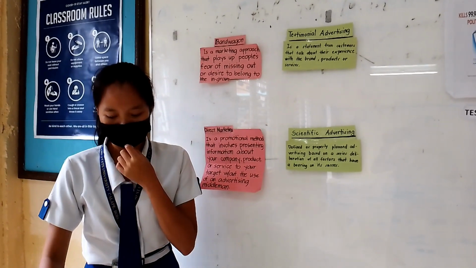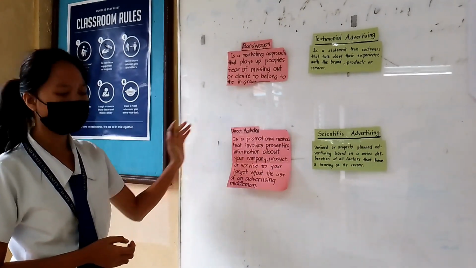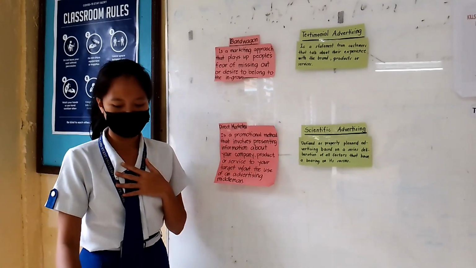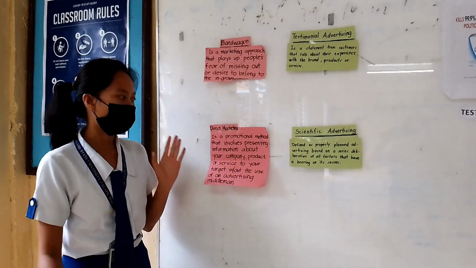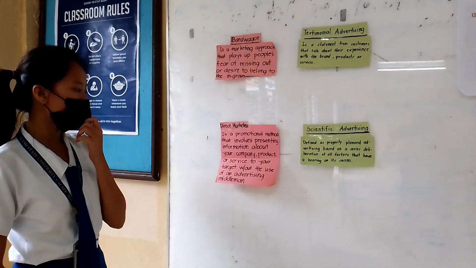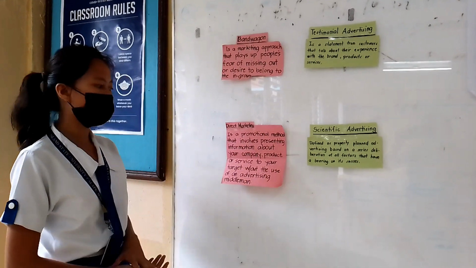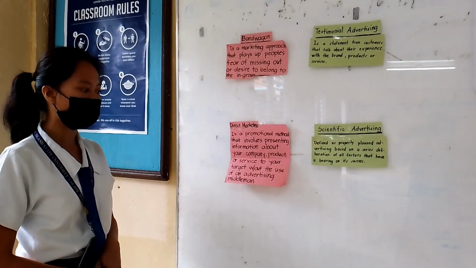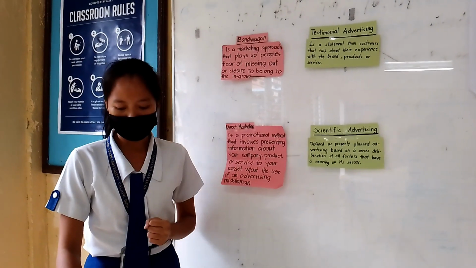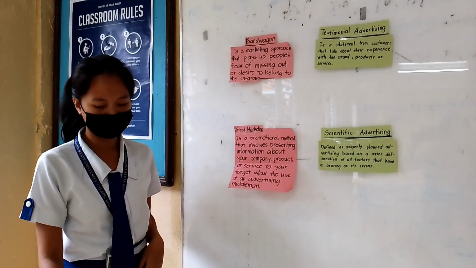Okay, very good. So the next type of advertising technique is direct marketing. So what do you think is the technique all about? Right. This technique involves presenting information about your company, product, or service to your target without the use of an advertising middleman. So you are directly advertising products or services without comparing with the others.